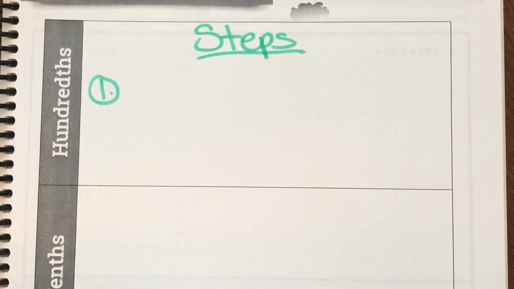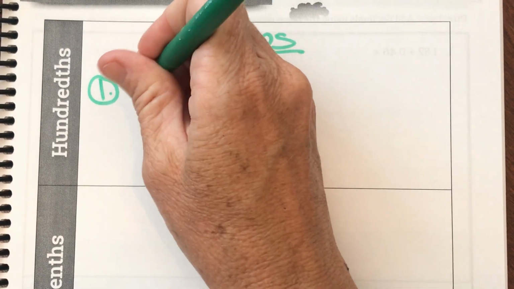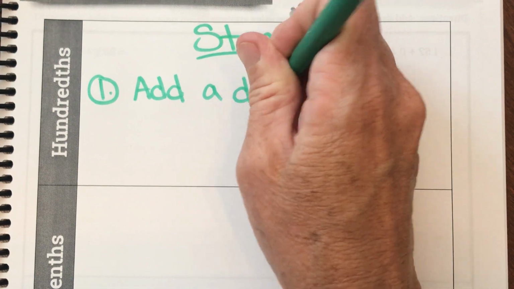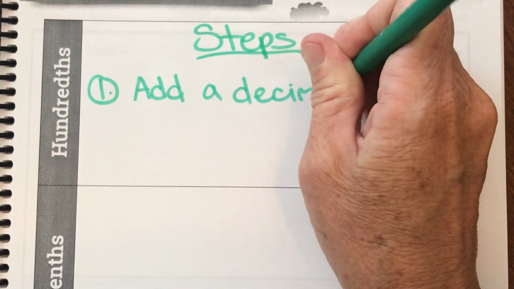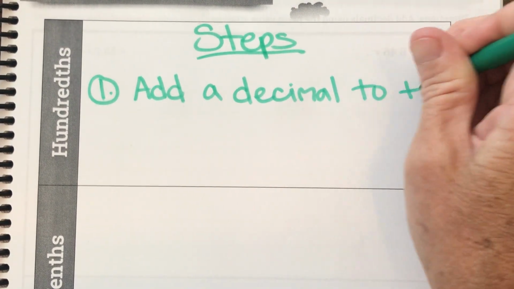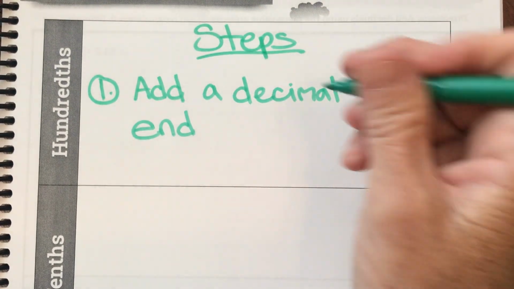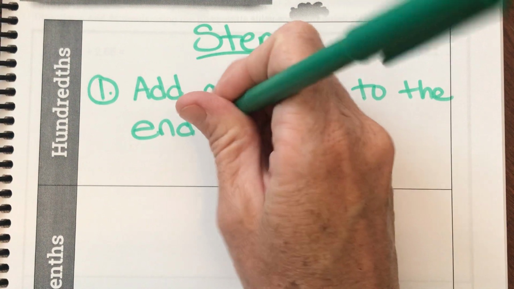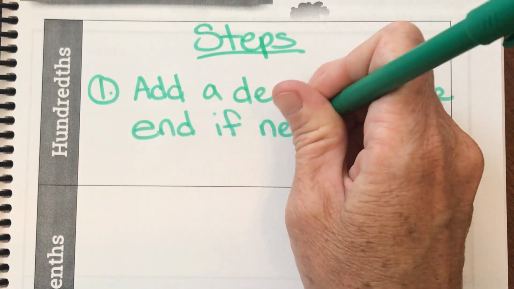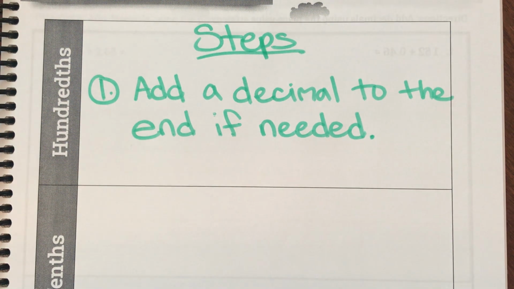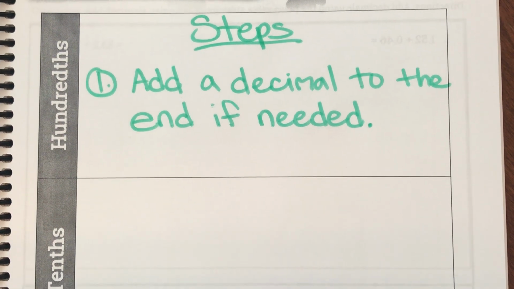Our first step is we're going to add a decimal to the end if needed. I'm going to explain what that means. Remember, if you need to ever pause to get caught up.